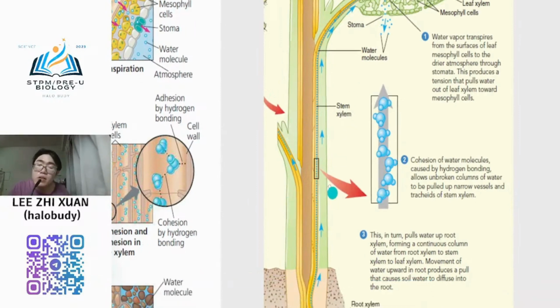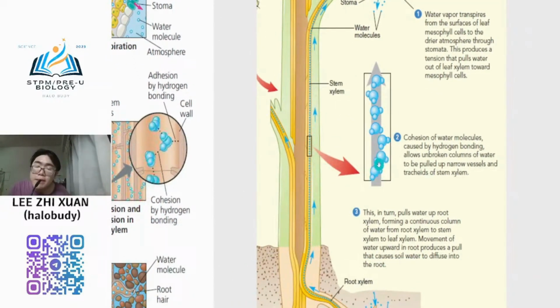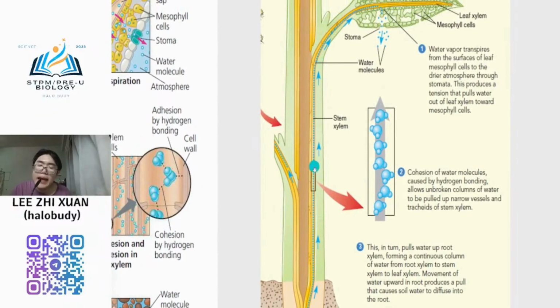With cohesion-tension theory, the water molecules can be lined up together. Cohesion force is when hydrogen bonds can be formed between the water molecules. And adhesion force is when hydrogen bonds can be formed from water molecules to the wall of the stem cell. So the water molecules are lined up together.